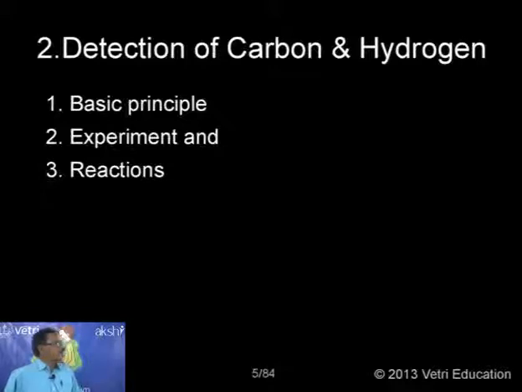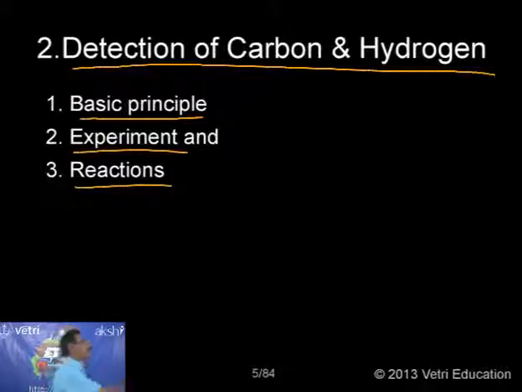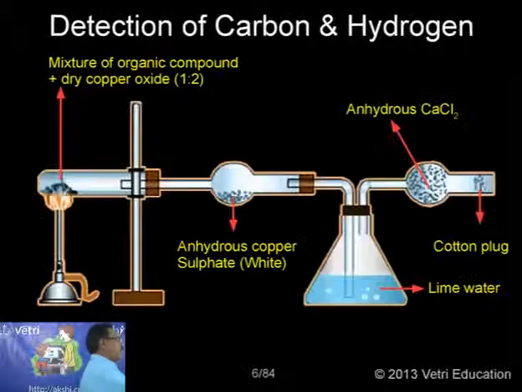First, let me discuss detection of carbon and hydrogen together. Under this, what are the things I am going to discuss? Normally, first the basic principle involved, then the experiment and the procedure, then the reaction. I have to discuss under each heading. So, let me discuss now.